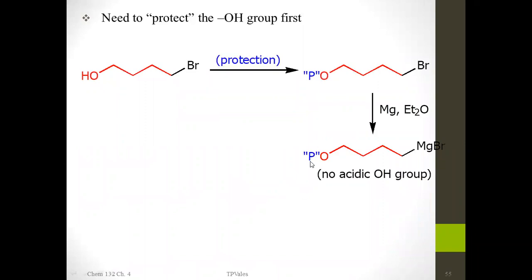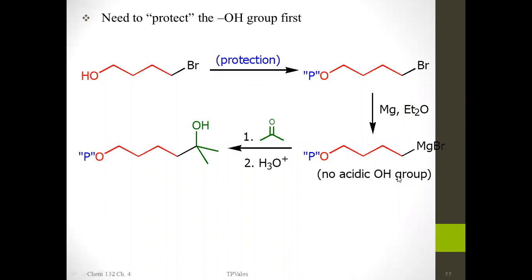So if you have a protecting group on oxygen now, it will not react with the carbonyl carbon here. You have your C double CH2 with a lone pair. All this is partially negative, and this is partially positive. So once you have that one, you can react it with a carbonyl compound.